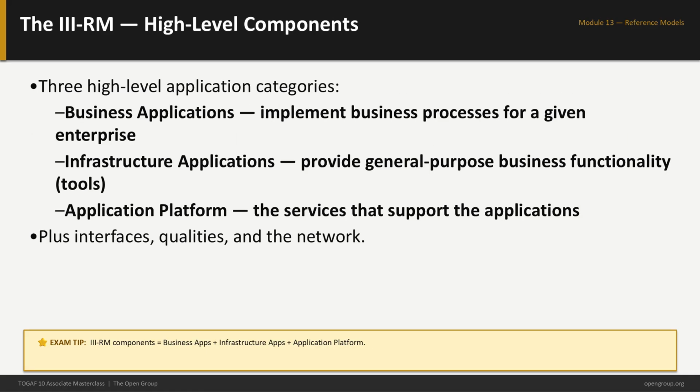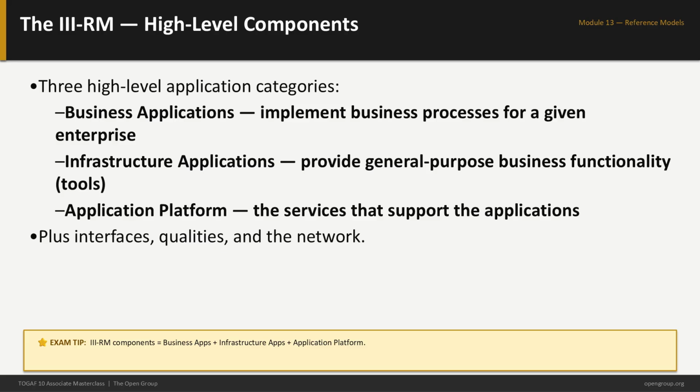Let's look at the 3RM's high-level components. There are three application categories. Business applications implement the specific business processes of a given enterprise. Infrastructure applications provide general-purpose business functionality, the common tools many businesses use. And the application platform provides the services that support those applications.